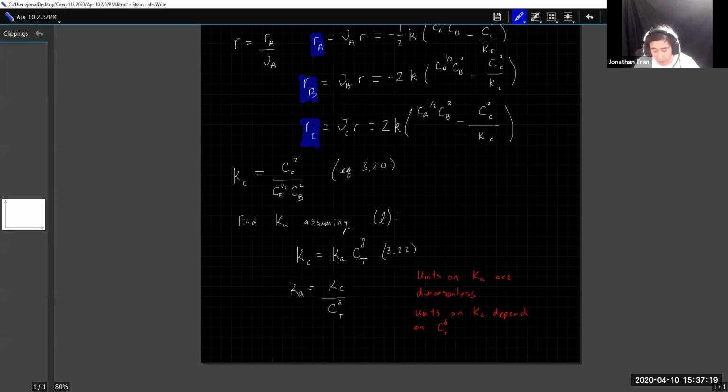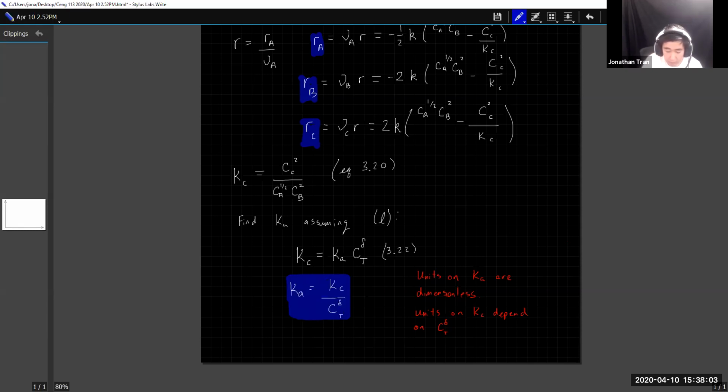So if C sub t is, hypothetically, in units of moles per unit volume, and delta is negative, you might have to switch that. Because C sub t is raised to the power of delta, if delta is negative, you're going to have to flip the units on that, and then the units on Kc would be flipped as well. So here we have a simple expression to define the value of Ka, if we knew the values of Kc, C sub t, and delta.